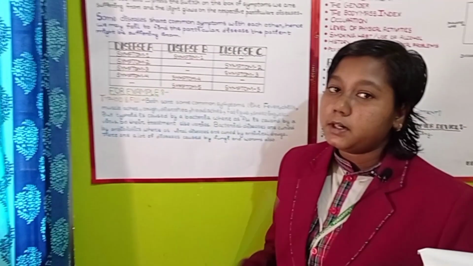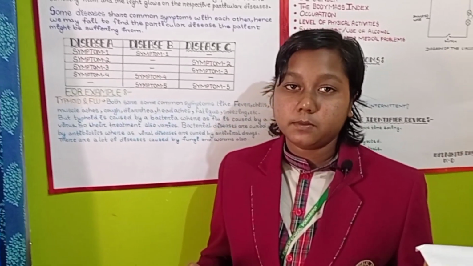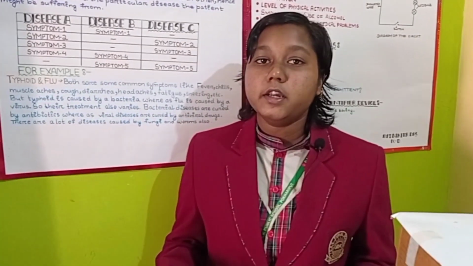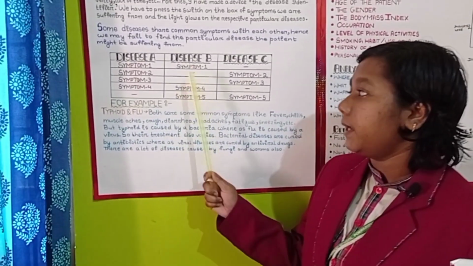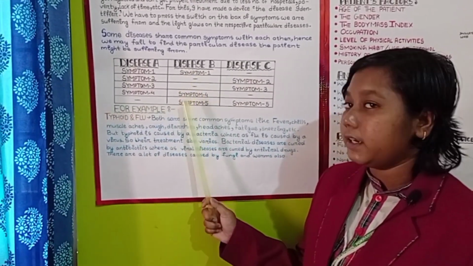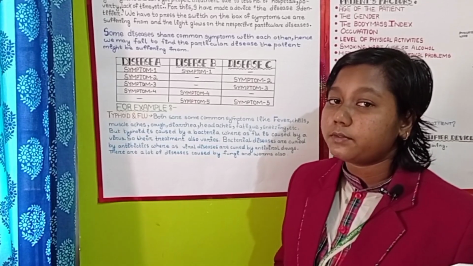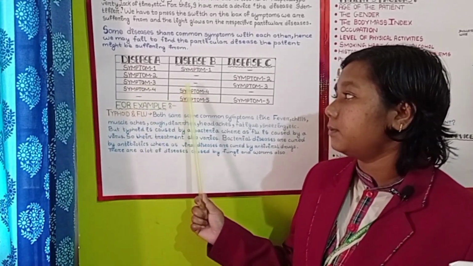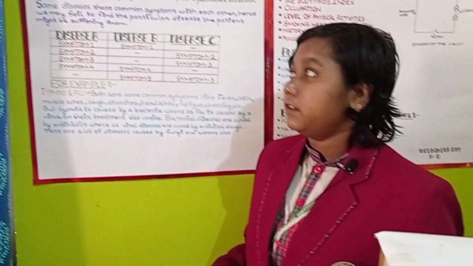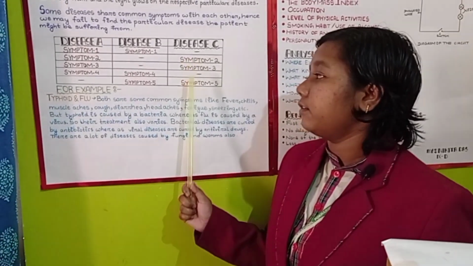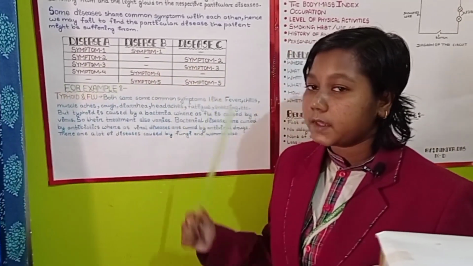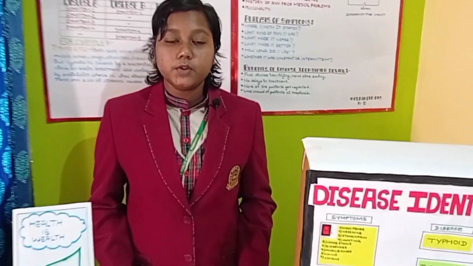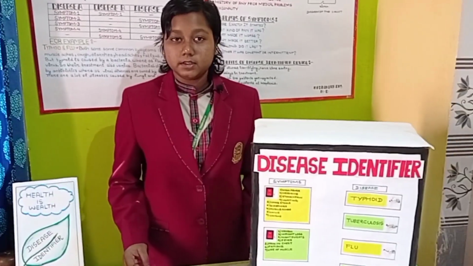We know that if a person has this combination of symptoms 1, 2, 3 and 4, he or she might be suffering from disease A. But if the patient has symptoms 1, 4 and 5, is that person suffering from disease A or disease B? And if the patient has symptoms 2, 3 and 5, is that patient having disease A or disease C? It gets very confusing to identify the particular disease.